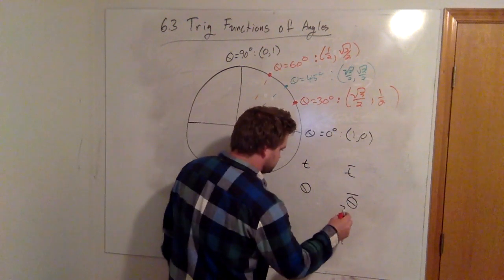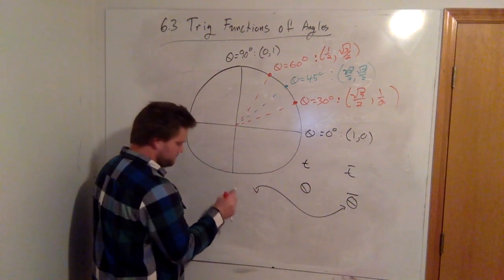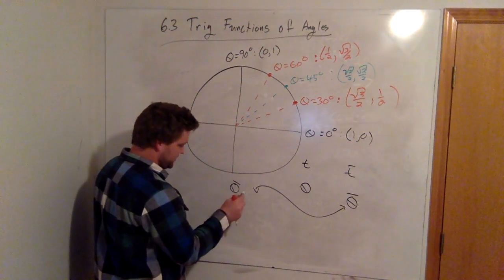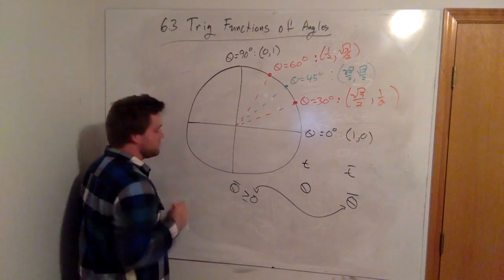So theta bar here, this is going to be a few things. First of all, this theta bar, this reference angle, is always going to be greater than or equal to 0.